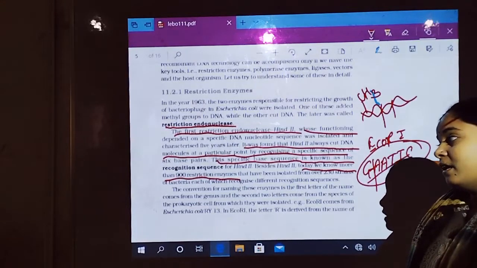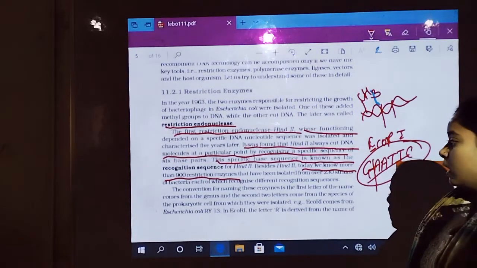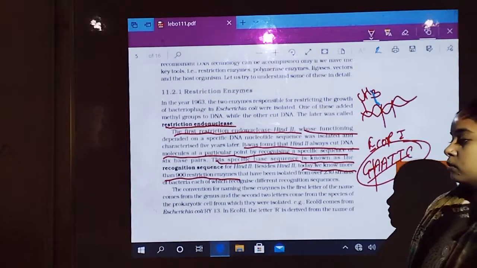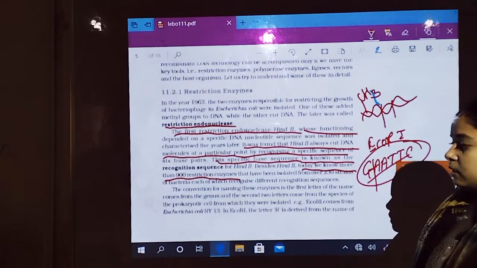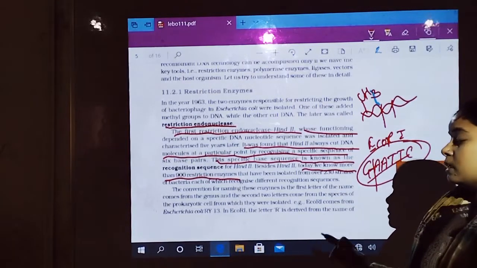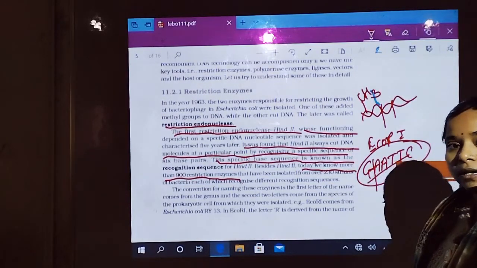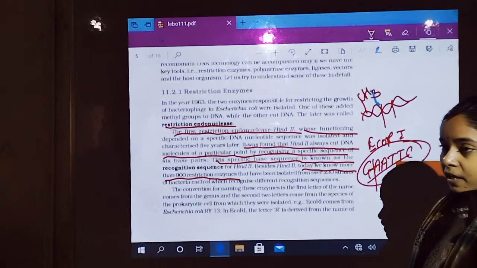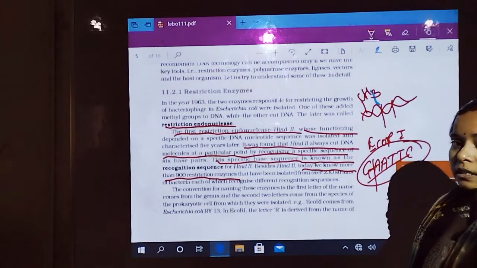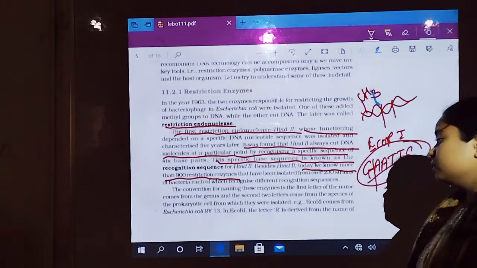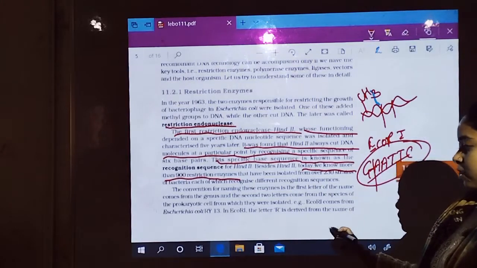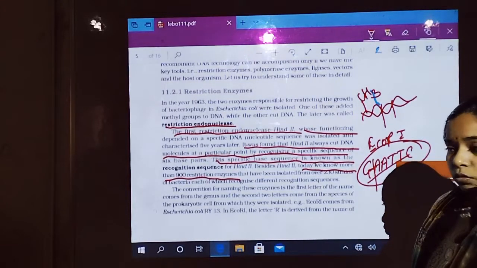More than 900 restriction enzymes have been isolated from E. coli bacteria and other microorganisms. These restriction enzymes all have a similar function. They cut the DNA at a specific site by recognizing the recognition sequence. After this, they act on a particular sequence.